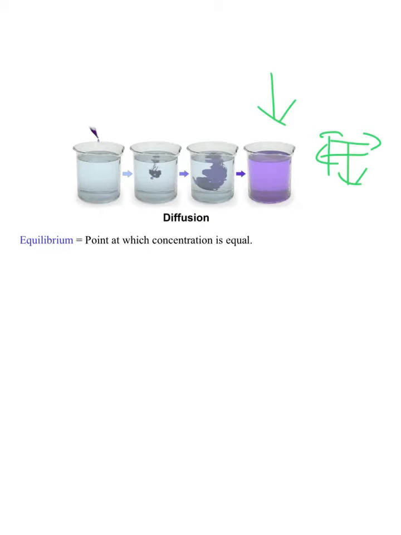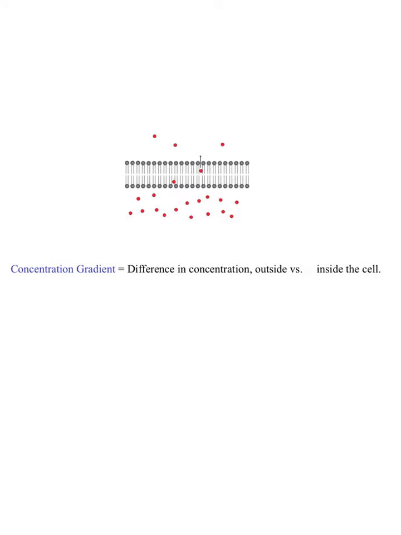Now we want to apply this idea of diffusion to something more than just liquids in a beaker. Because we can also look at this in terms of movement in a cell. Mon ami, imagine this as a cell membrane. And yeah, I know it's missing some stuff, like some proteins, some integral proteins, some cholesterol and glycocalyx and stuff like that.